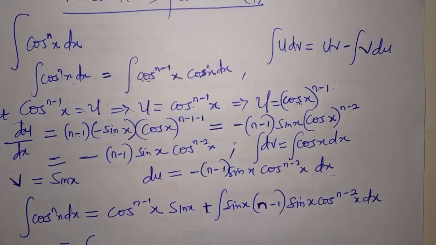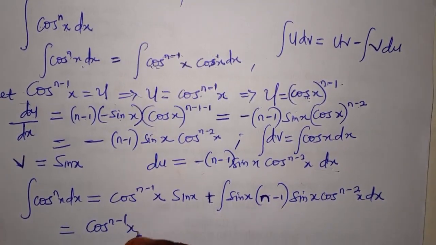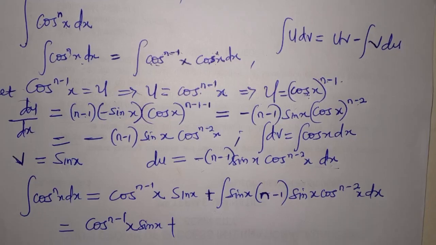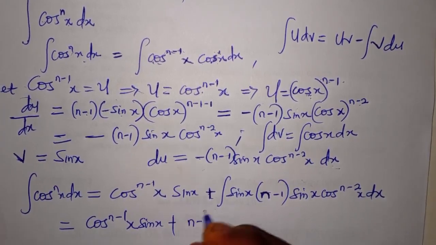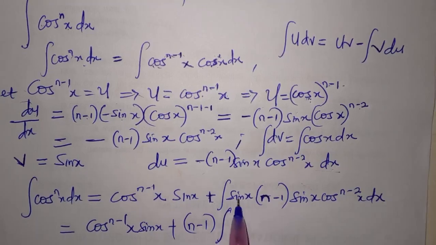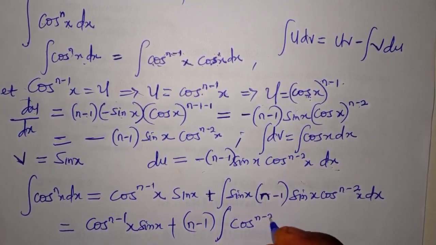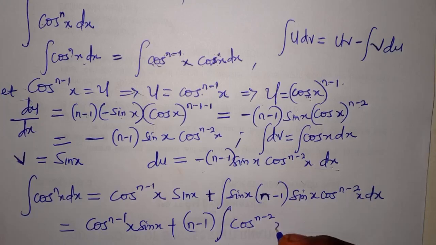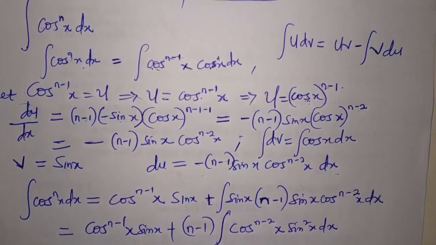This is cos^(n-1) x sin x plus (n minus 1), which is a constant because we're integrating with respect to x, so it will come out, into the integral of sin x, which is sin squared x, cos^(n-2) x sin^2 x dx.